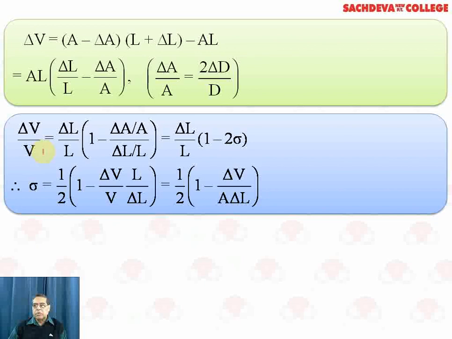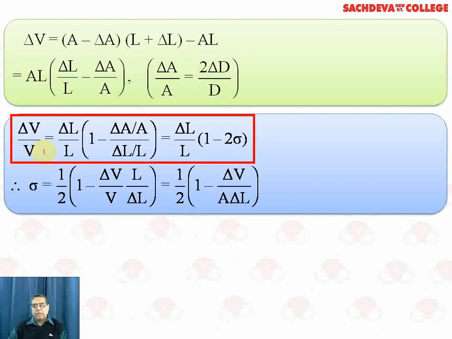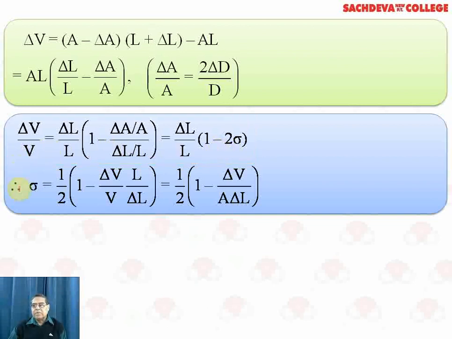So the change in volume to the original volume is given in mathematical form as delta V over V equals delta L over L into (1 minus delta A over A divided by delta L over L). After taking the LCM within the brackets, this is equal to delta L over L times (1 minus 2 sigma), where sigma is the Poisson's ratio, beta by alpha.